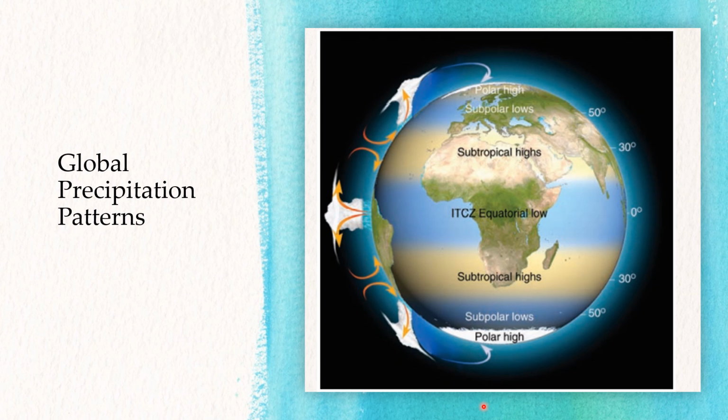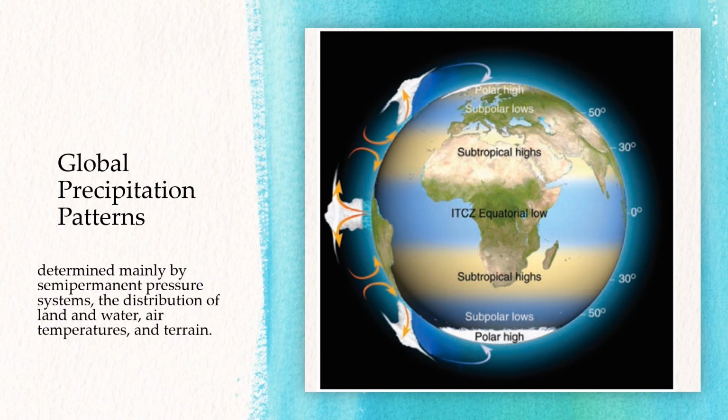Also, the areas of low rainfall are found near 30 degrees latitude in the vicinity of the subtropical highs, 30 degrees here around this area, and in the polar regions where the air is cold and dry. In general, that's the global precipitation pattern.